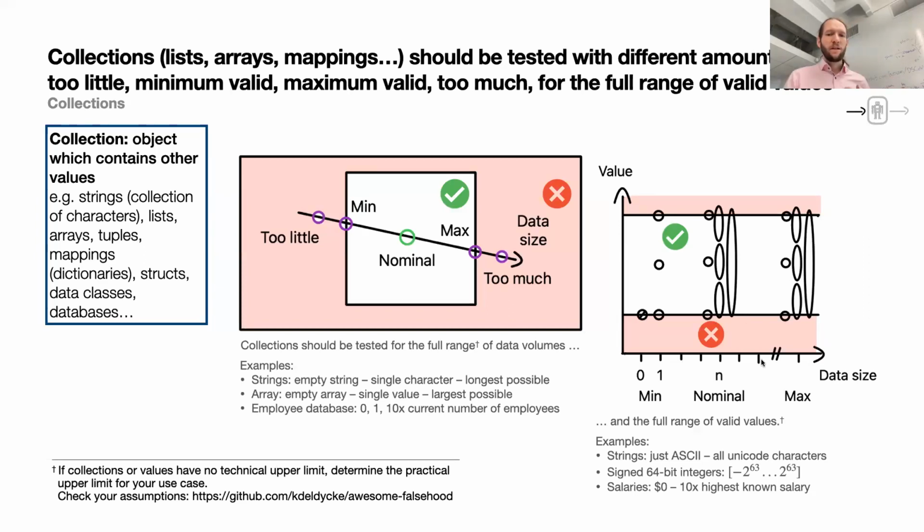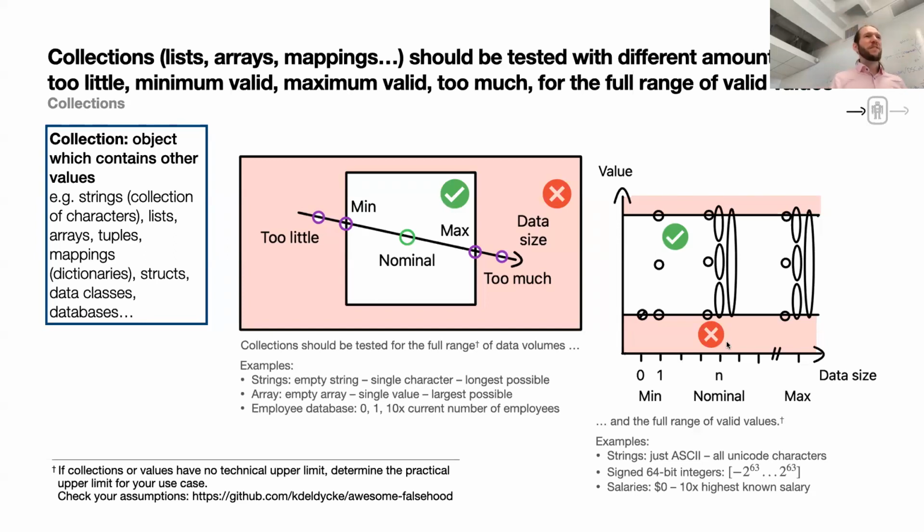We're going to put lots of the smallest number, lots of the middle number, and lots of the largest possible number. And then we're going to do the same with ranges of values: lots of low values, lots of medium values, lots of high values, and then across the whole range. Later on, when we're looking at the maximum case, we're going to do the same thing again. So we're testing all the different sizes of inputs with all the different values that we might have.